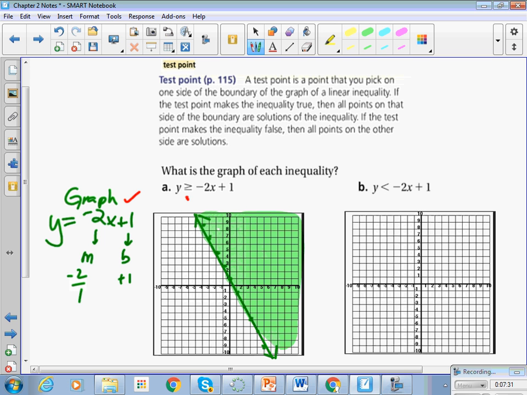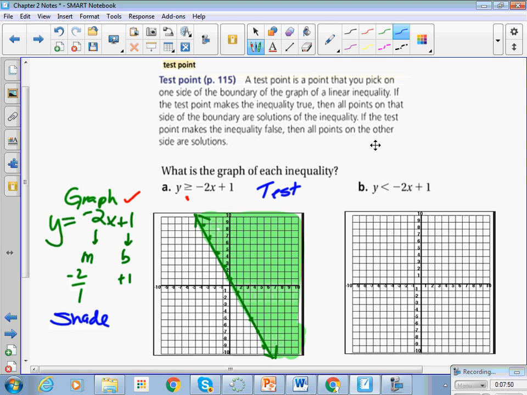So we're going to shade everything above. So step 1 is graph, step 2 is shade, and then step 3 is test a point.